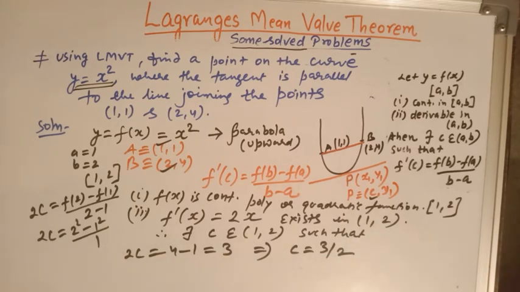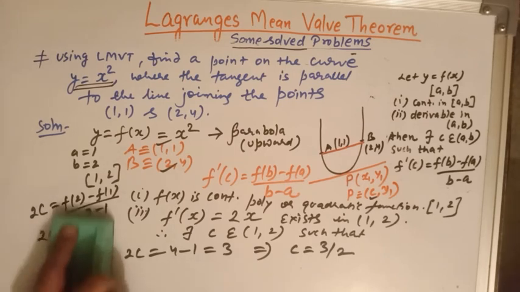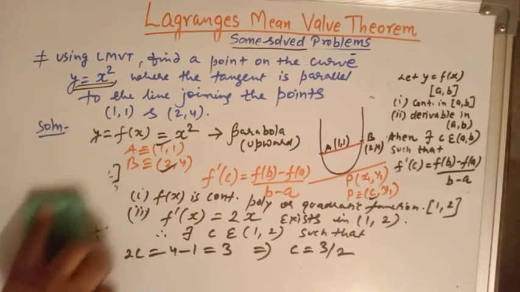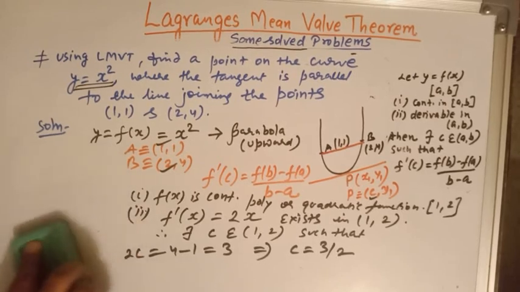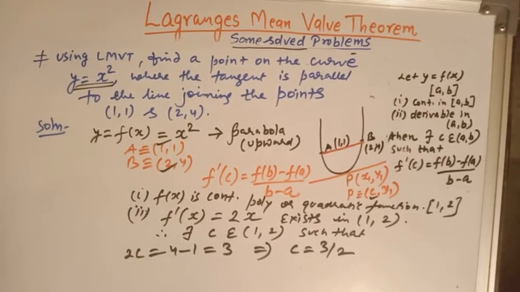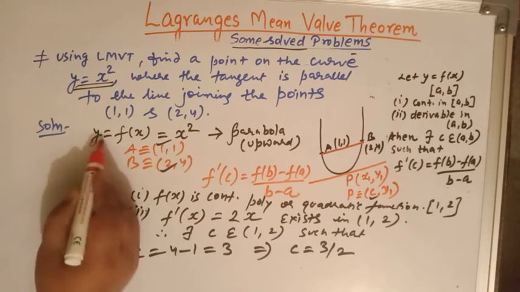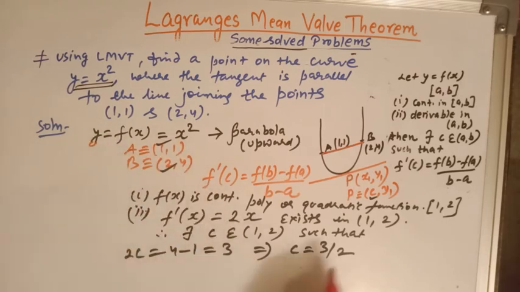Now this point c lies on this curve y equal to f(x) equal to x square.